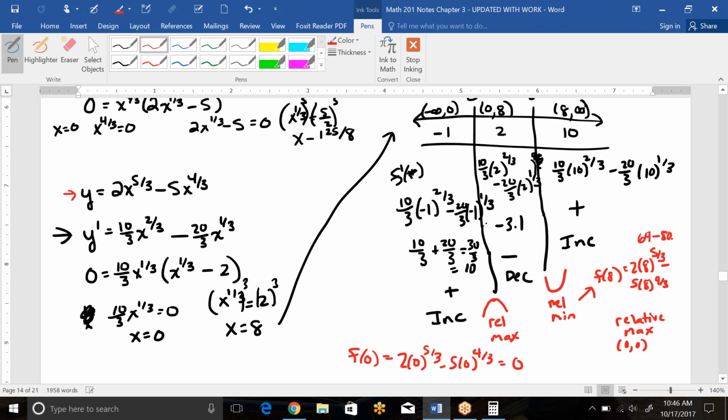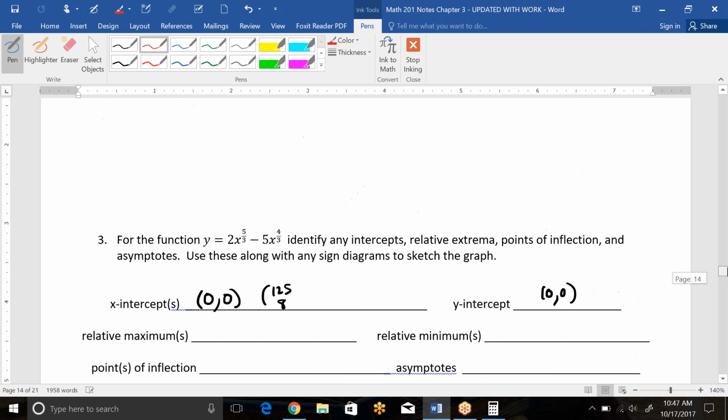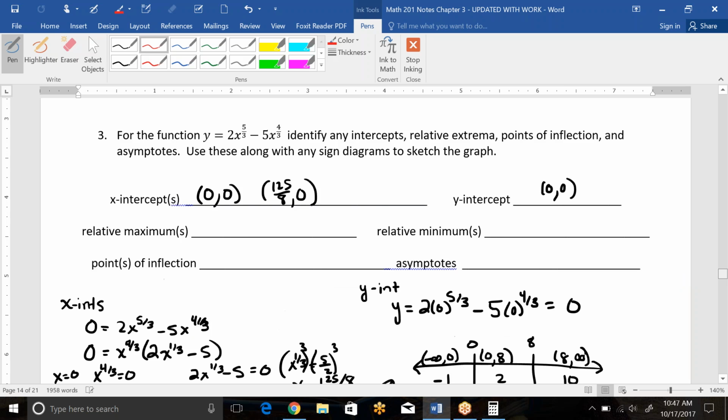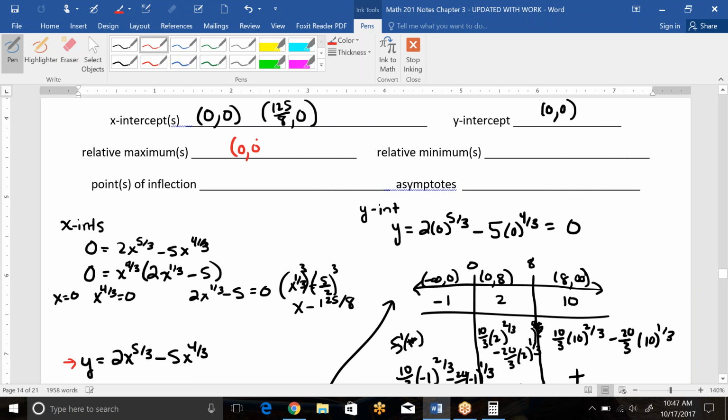Yes. So that is negative 16 overall. So I know I worked through that pretty quick, but you would use your calculator for that. So that's the point 8, negative 16. So let's go back up to our chart and fill that in. So 0, 0 is the relative max, and 8, negative 16 is the relative minimum.